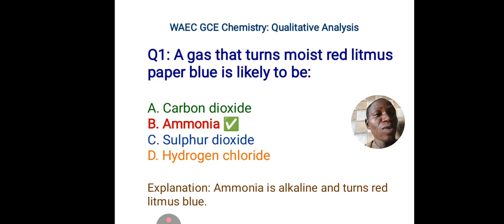Now, if you remember our litmus paper test, acid turns blue litmus paper to red, while base turns red litmus paper to blue. Ammonia is basic, it's alkaline in nature, so it has the ability to turn the damp red or moist red litmus paper to blue. I hope this is clear. So this is the qualitative test for ammonia gas based on the base aspect.